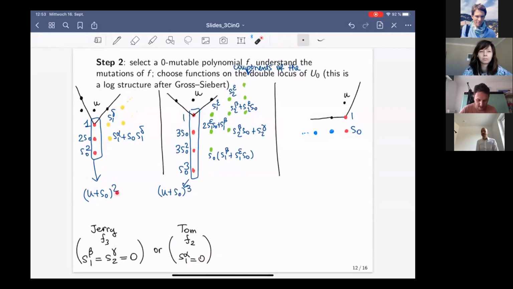Because exactly I have here u plus S0 square, u plus S0 cube, and here I have u plus S0. But notice that here I have more conditions, not only the Gross-Siebert condition. Indeed, if I have S1 alpha equals 0, this means that this guy here is divisible by u plus S0.